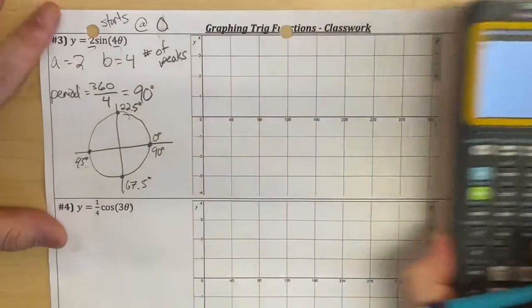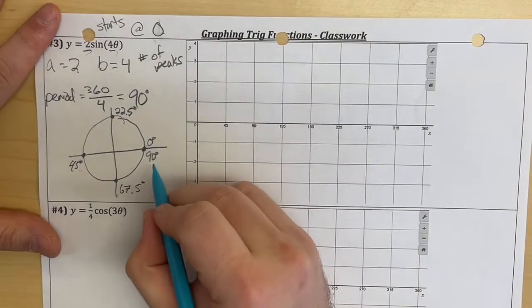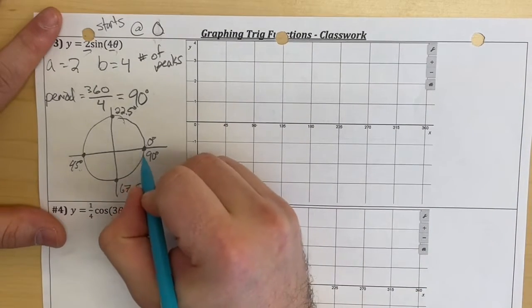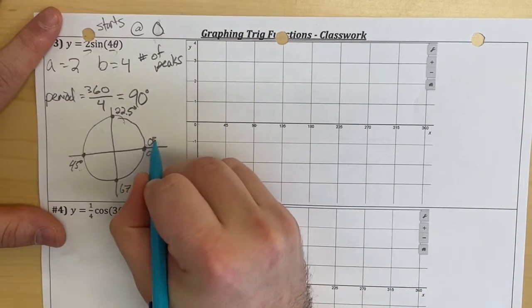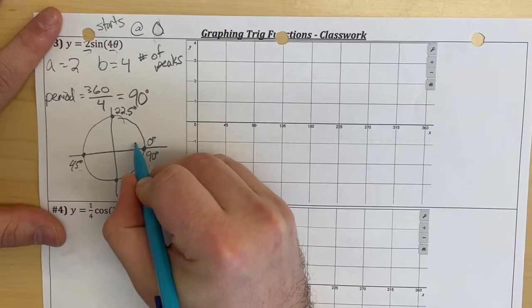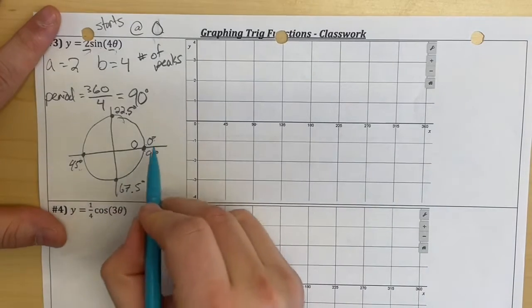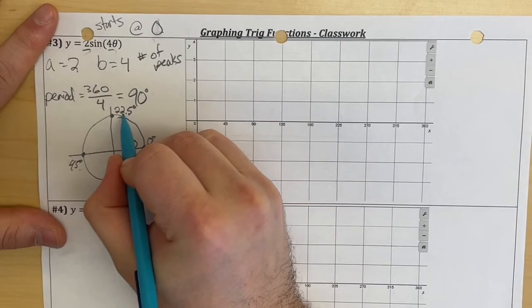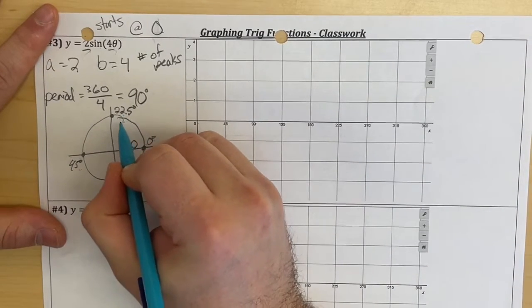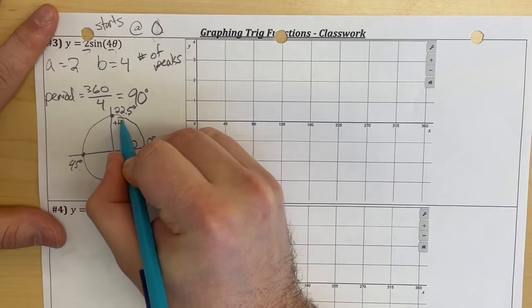All right, so now what are going to be my values that go along with it? On the x-axis, at 0 and 90 degrees, I have my y value of 0. I rotate around to 22.5 degrees, which is going to be positive 4.